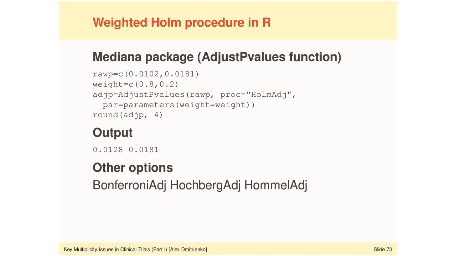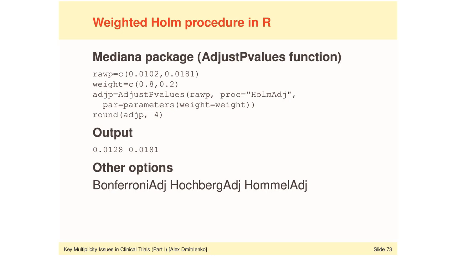Right now, I will show you very quickly how to use this function to implement the Holm procedure in a multiplicity problem with unequally weighted null hypotheses based on example 1. This function, the AdjustPvalues function, requires two pre-specified objects that are defined in the following two arguments. First, rawp is the vector of raw p-values. In this particular case, the p-values are given by 0.0102 and 0.0181.